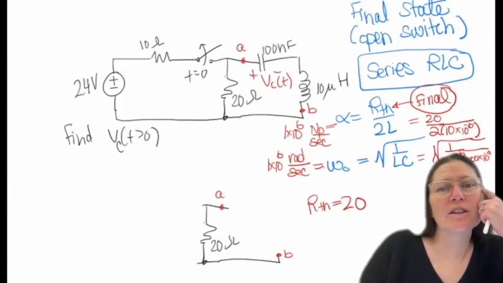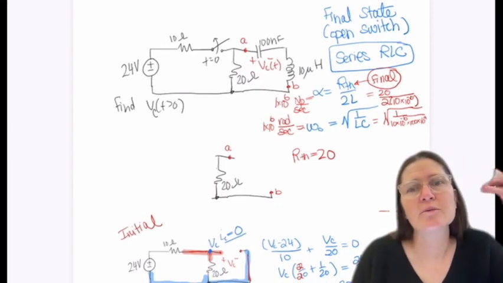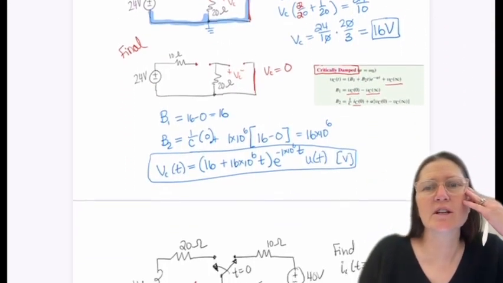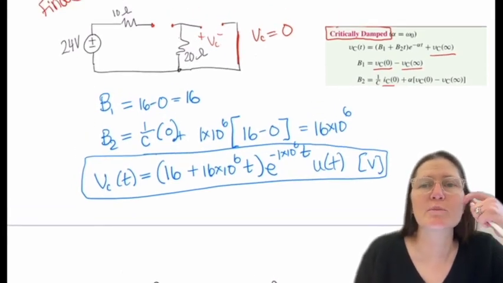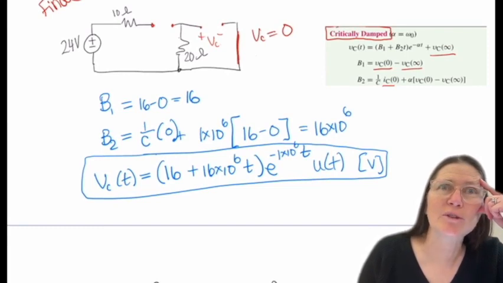Then we looked at a series RLC circuit, and we found alpha and omega ended up being equal, which put us in a critically damped condition. Then we found the coefficients for B1 with the initial values and the final values, and plugged those in.